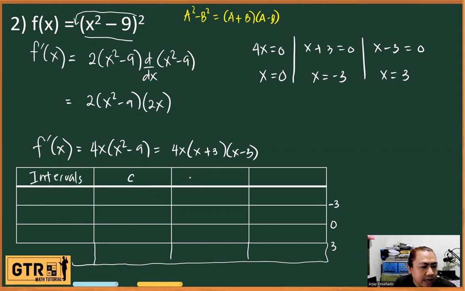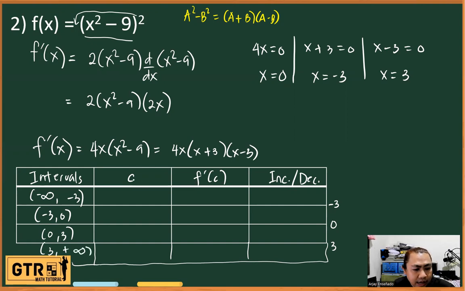So this is C, and this is f prime of C, and then this is the increasing or decreasing. So first sub-interval is -infinity up to -3. Next is -3 up to 0, and then we have 0 to 3, and then last is 3 to positive infinity. Okay, so choose a test number C in every interval.